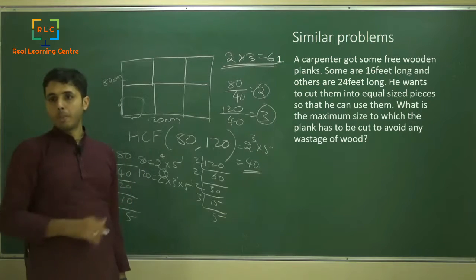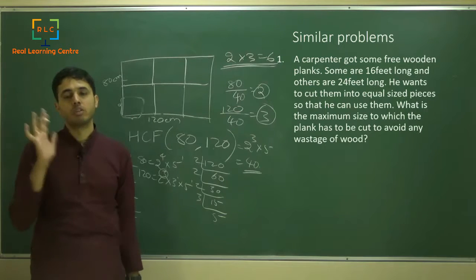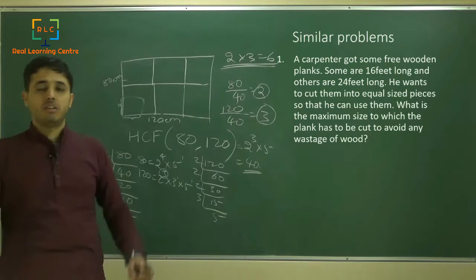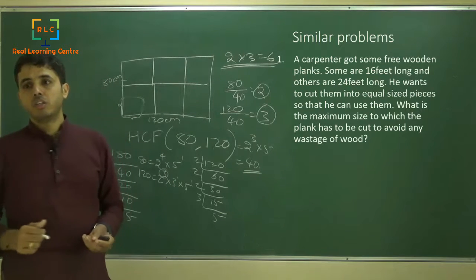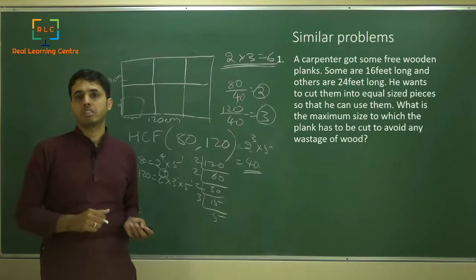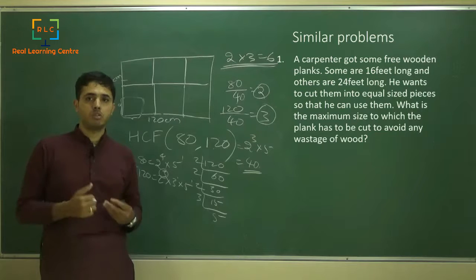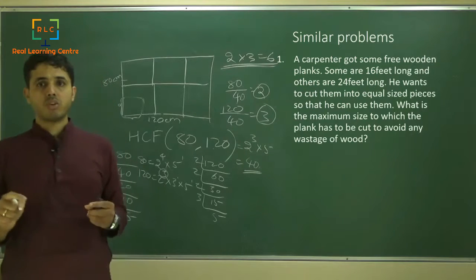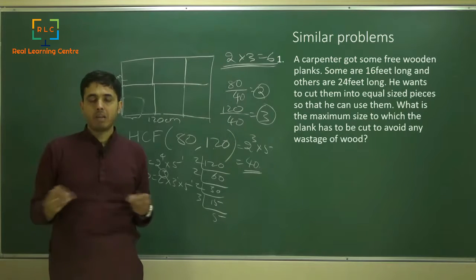First problem here. A carpenter got some free wood and wooden planks, and naturally will be very happy. He wants to make use of it. So, of the given planks, one is 16 feet, the other is 24 feet. In order to use it to his benefit, he wants to cut those planks into equal sized planks.